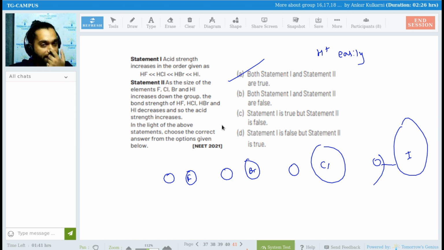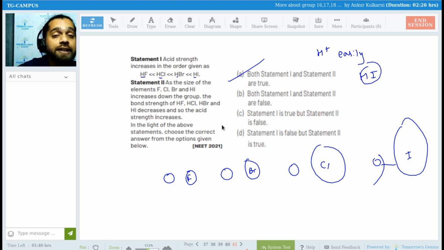Over here they have given you the acidic strength HF, HCl, HBr, HI. According to them, HI is the strongest acid. And they have given the reason that the size of halogens is increasing. Fluorine, chlorine, bromine, iodine, the size is increasing.